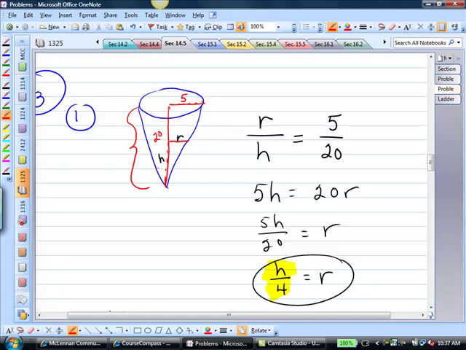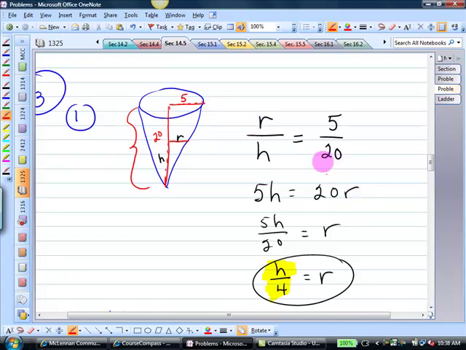This is one of those similar proportion things, if you remember from geometry, and probably most of us don't. But if we've got 2 similar triangles here, the radii can compare and the heights can compare. Or we could write it this way: r over h of the little triangle compares to 5 over 20 in the big triangle. And then I'm going to try to get r by itself.